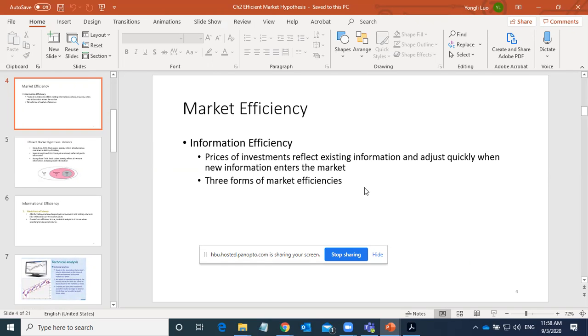So sometimes we say the US market is good because it's efficient. The price reflects the information. If it's bad news or good news, the price will adjust to it immediately. Some countries' stock markets are not efficient because the price will not truly reflect that information.